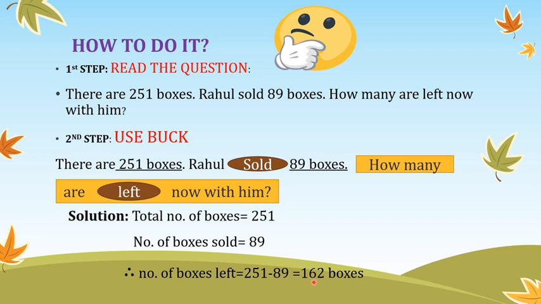How many boxes are left? 162 boxes. So this is how you can use BUCK to make your problem easy and simple to solve. Now let's go to the keywords first. If you understand the keywords, you will understand how to solve word problems.